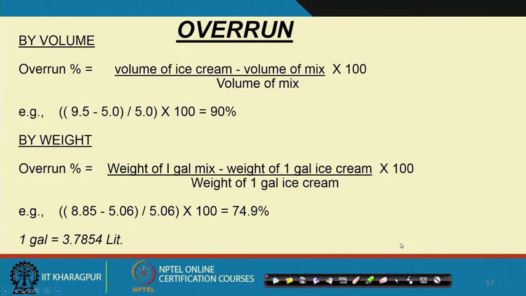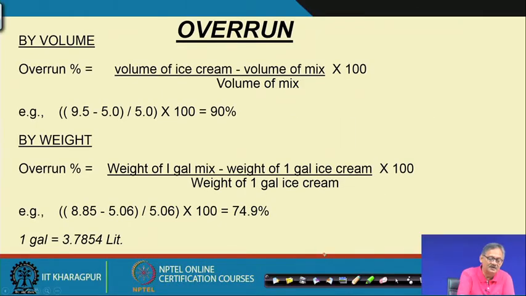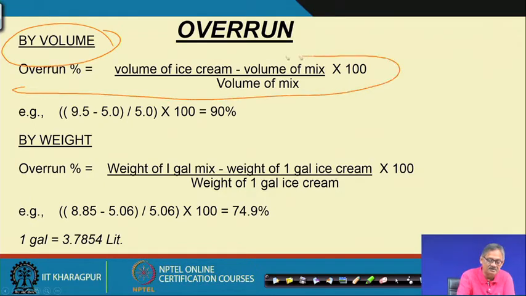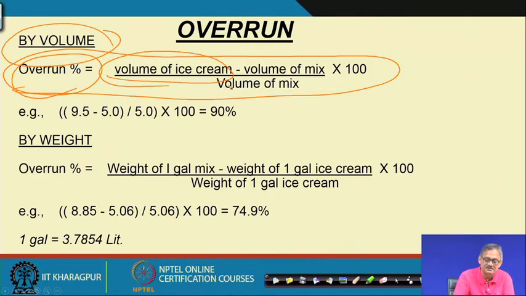Overrun is defined like this: by volume, percent overrun is based on the volume of ice cream and the volume of ice cream mix. Ice cream means your mix plus air, that is the ice cream, right.